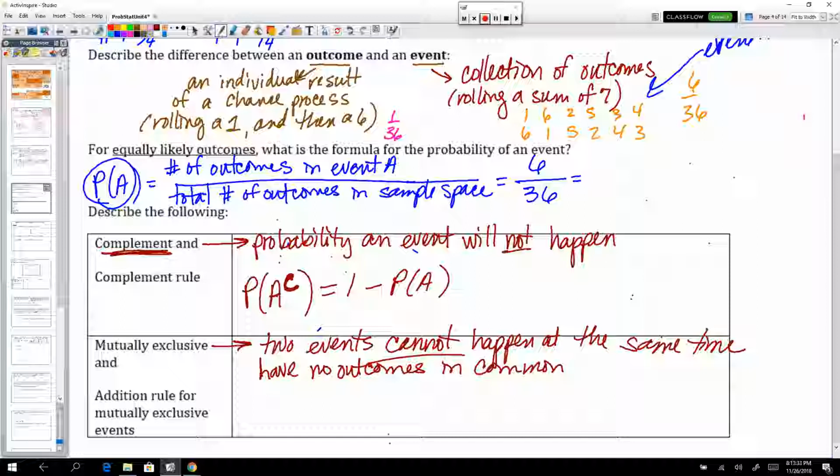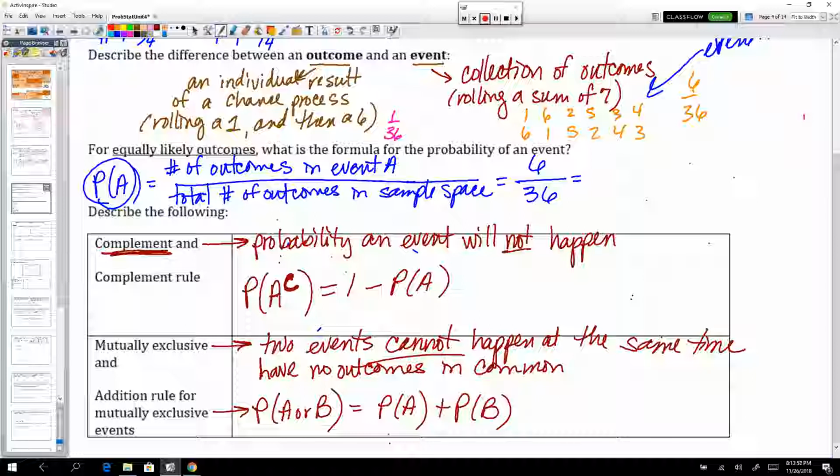And later we'll see examples of you're either an athlete or you're not an athlete. All right, the addition rule for mutually exclusive events is quite simple. The probability of event A or event B happening is equal to the probability of A happening plus the probability of B happening.